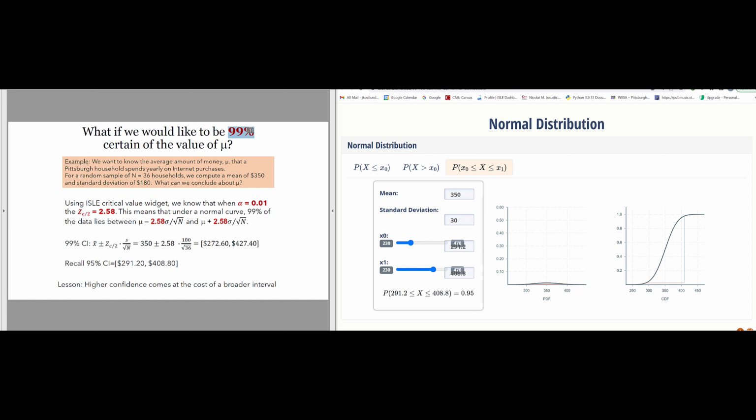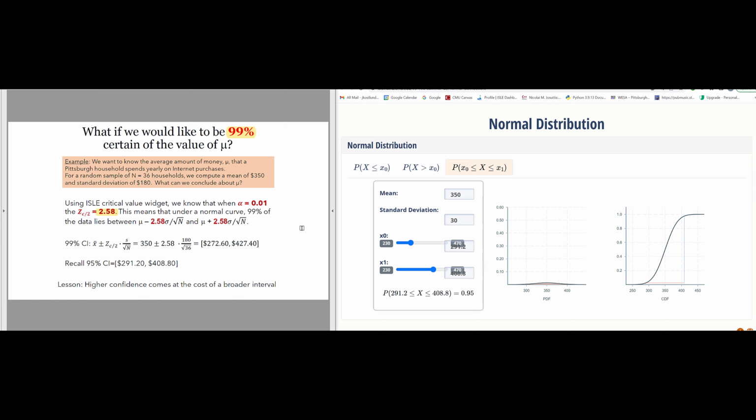What if we wanted to be more confident? This is going to sound backwards. What if we wanted a 99% confidence interval around the mean? Well, we can get a 99% confidence interval around the mean by increasing z from 1.96 for 95% up to 2.58 for 99%.